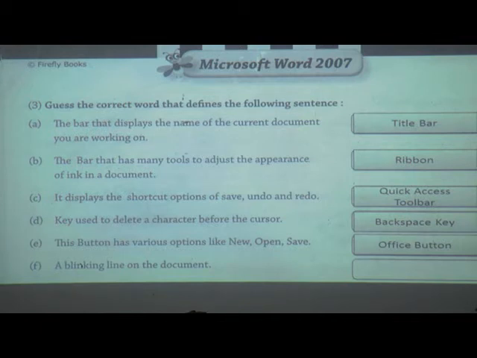What do you call that line? Yes, it is cursor. Now keep your finger and read with me. The bar that displays the name of the current document you are working on. It is title bar.